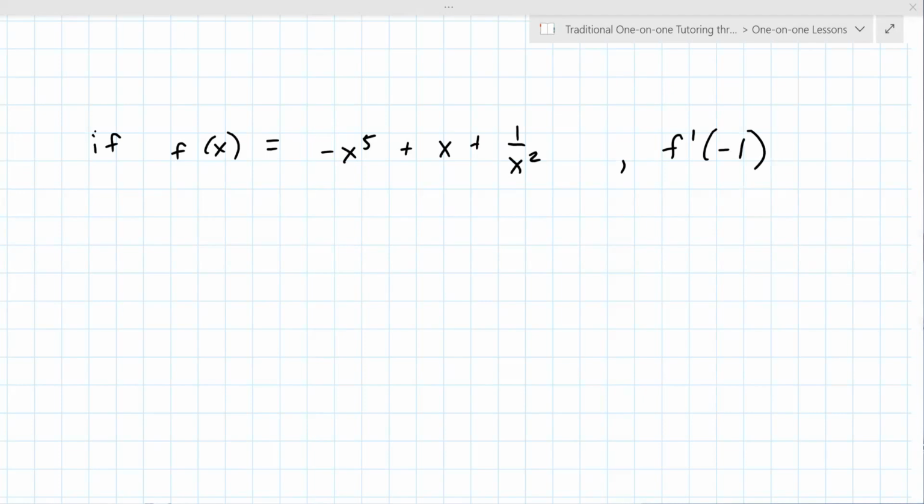So -5x to the 4th. You may want to rewrite the original if it helps. Depends if you can visually see this without writing it, then you don't have to take the time to do it. But -2x to the negative.